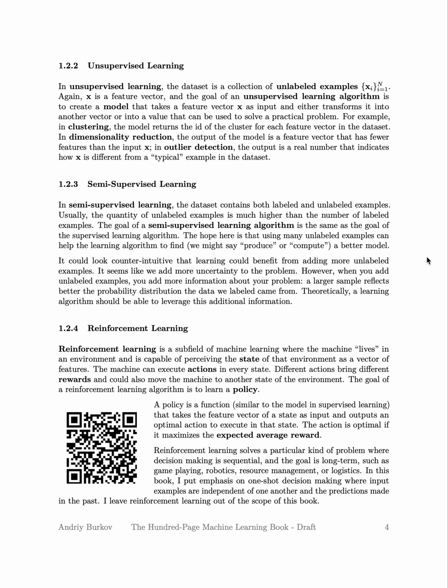So for example, when you train a machine learning model to play chess, it is actually present in the game and it's supposed to execute some actions. Different actions bring different rewards, right? And the model will simply try to maximize the expected average reward, right?